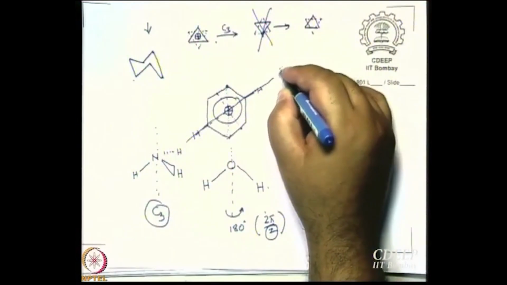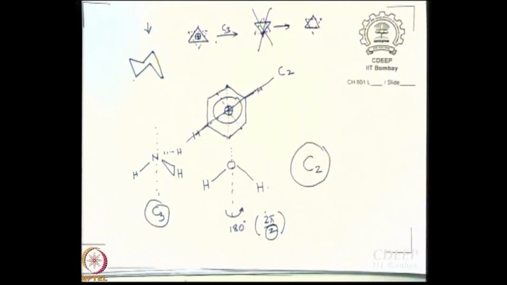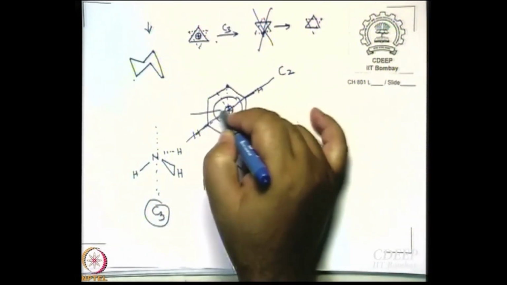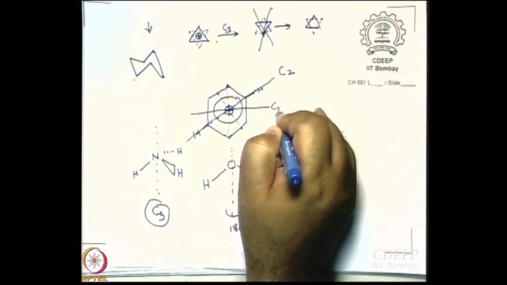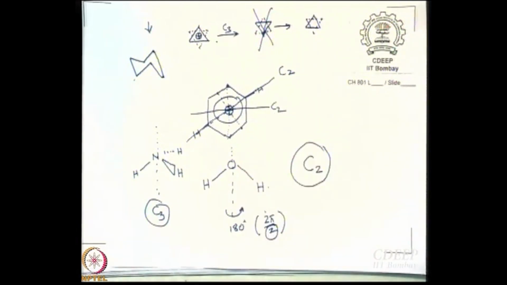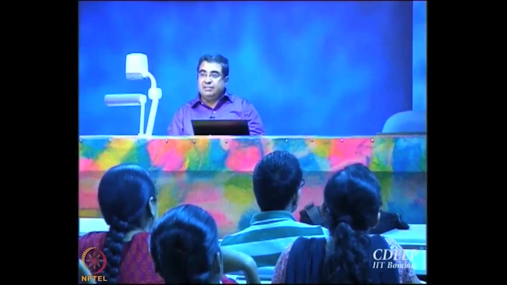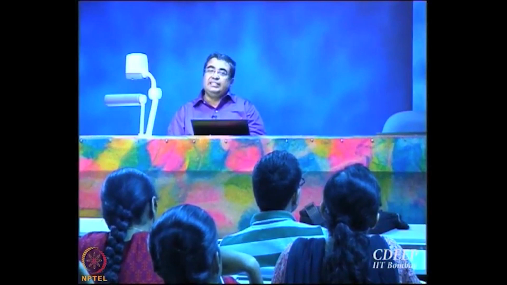How many such C2s will be there? 3 will be there. Anything else? Very good. So, this is another kind of C2. Right. So, how many total axes of symmetry are there? 3 plus 3 plus 1, 7. Out of which C6 is the principal axis of symmetry. Alright.